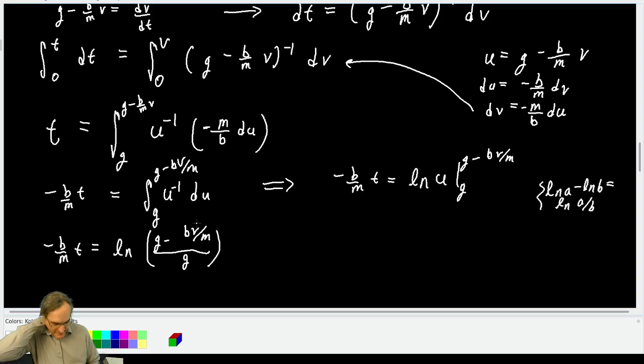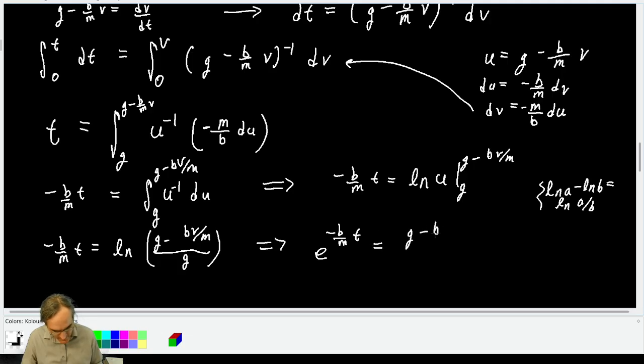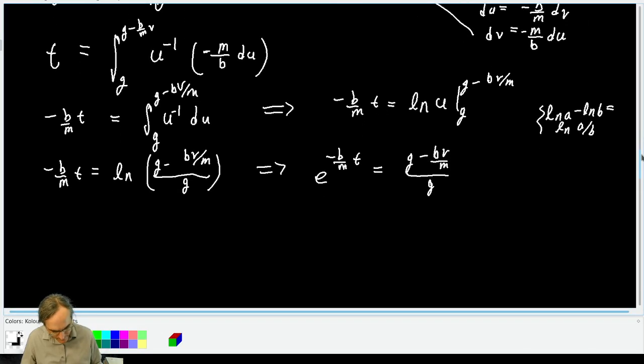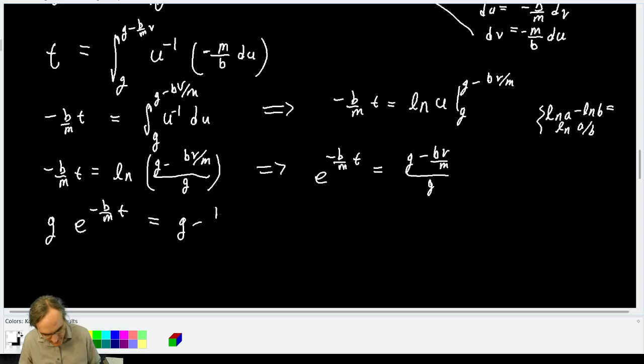We want v, so we're going to rearrange and get v on its own. This is going to take several steps. First step, take e to the power on both sides, because e to the power and the natural log cancel each other out. So now we have g minus bv over m all over g. Multiply the g across. I apologize that this just takes a long time to do.